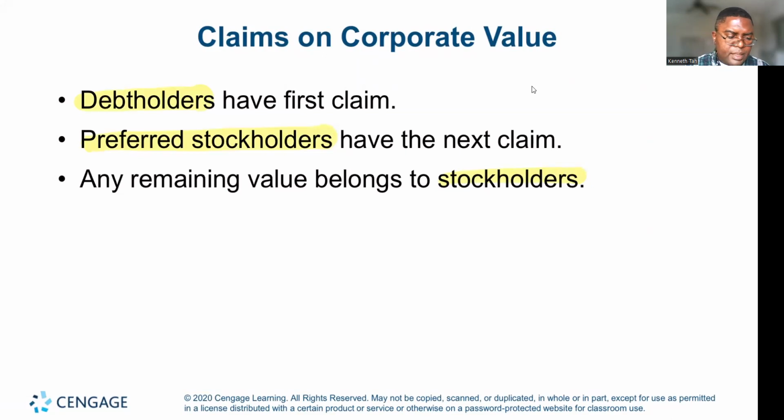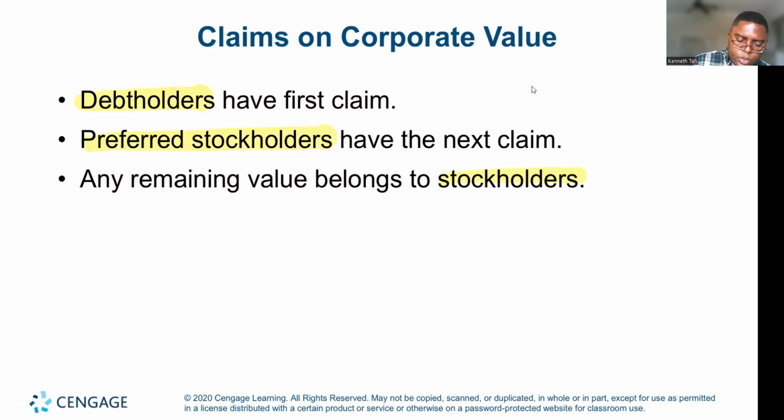So, which means that we can understand the intrinsic value of equity, because we know that total intrinsic value, from the perspective of the claimants, is going to be the value of equity plus the value of preferred stock plus the value of debt.